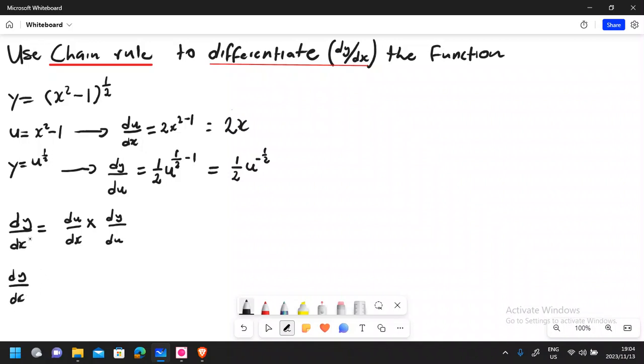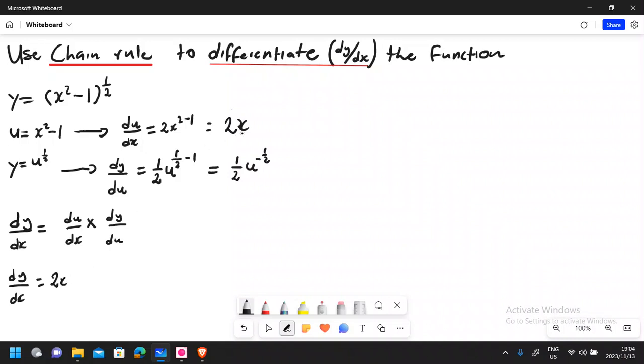Before we continue, guys, remember this is the formula for the chain rule. We already found these two, right? So all you have to do is just substitute here. So let's substitute. What is du over dx? Du over dx is 2x, right?